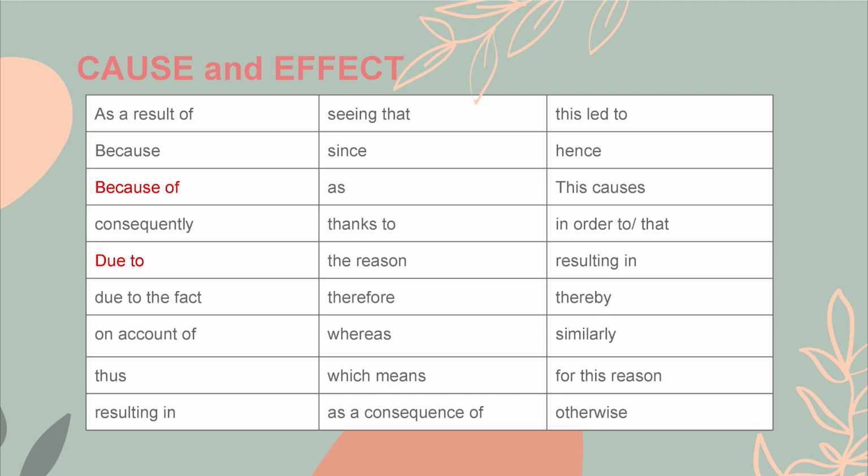So because of and due to cannot be followed by a sentence with subject, predicate, and complement. So please remember again that because of and due to must be followed by phrases. Okay, note that. You can highlight in your notes the two conjunctions here that should be followed by phrases.